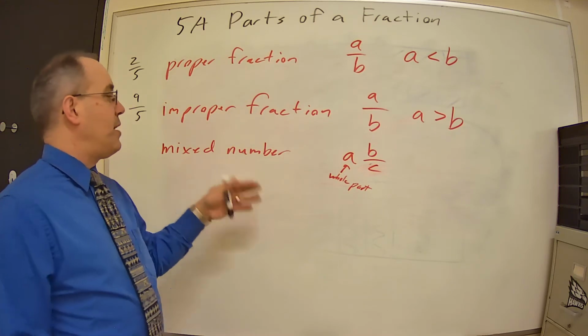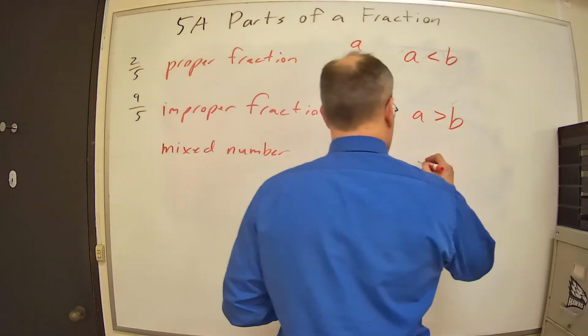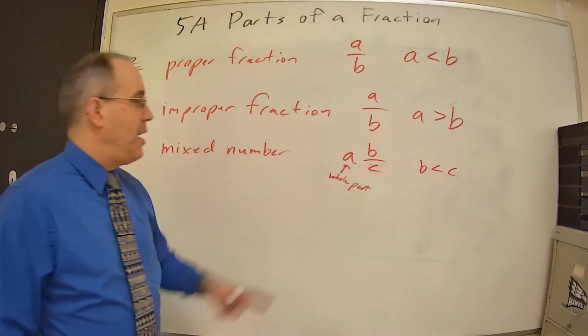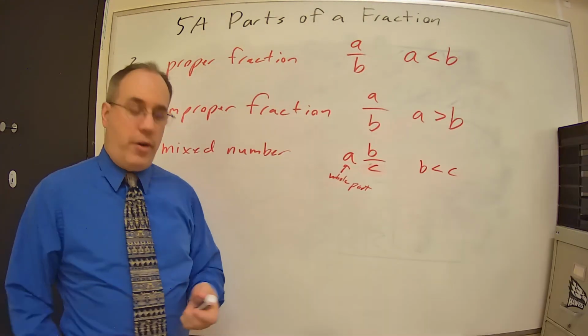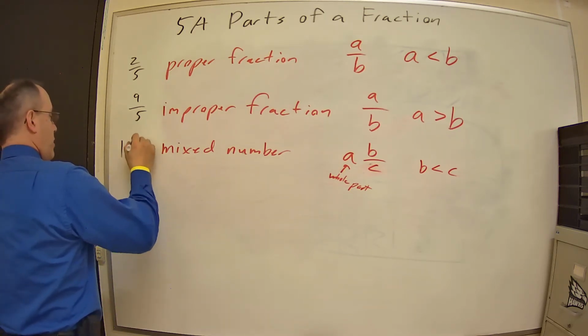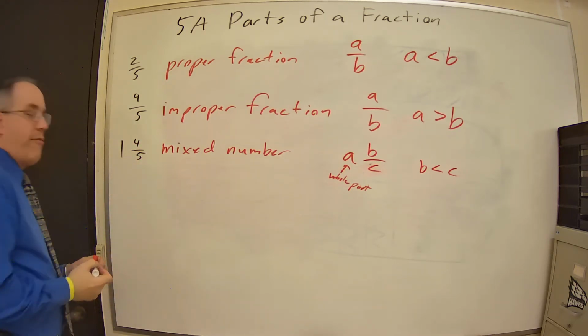And when you have a mixed number, b is going to be less than c, and a is just going to represent the whole part, such as 1 and 4/5.